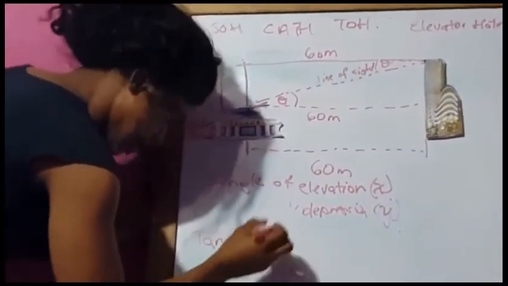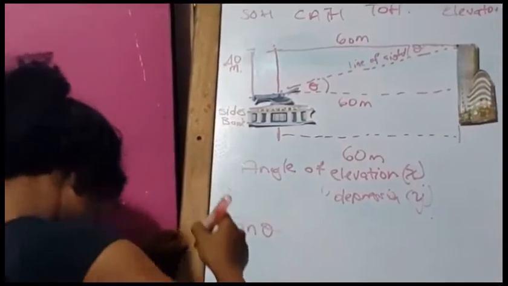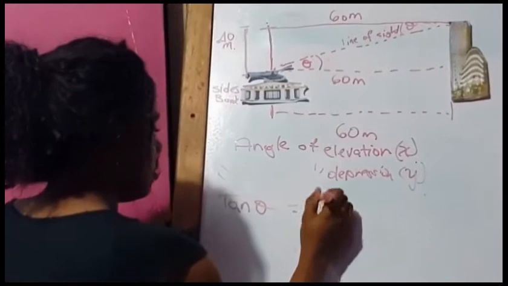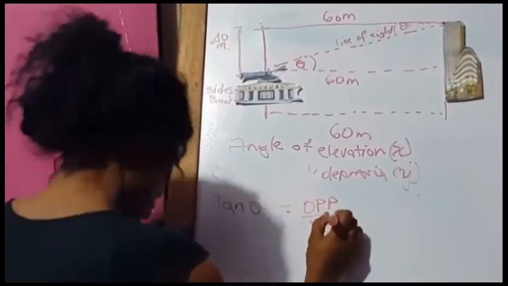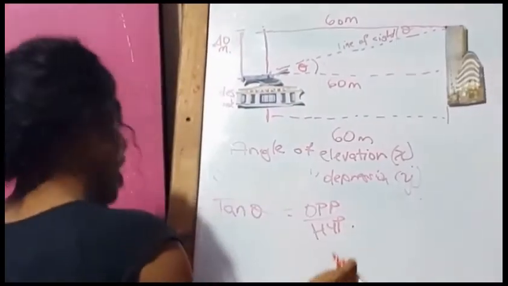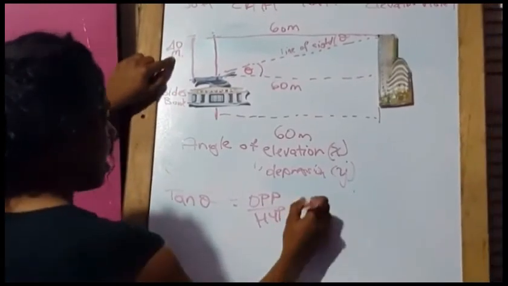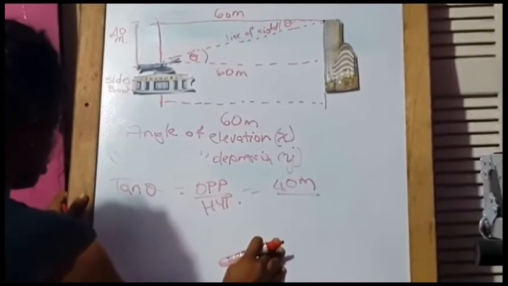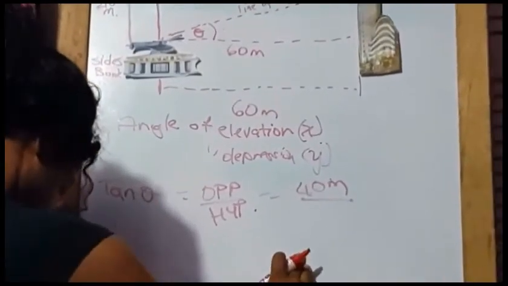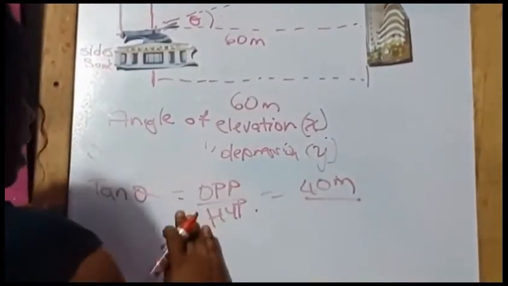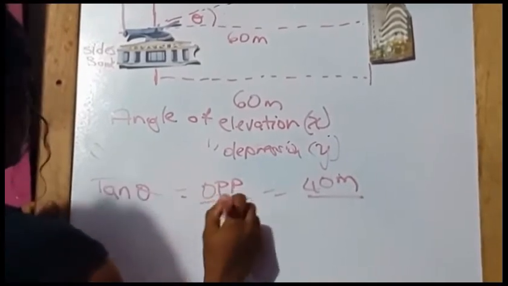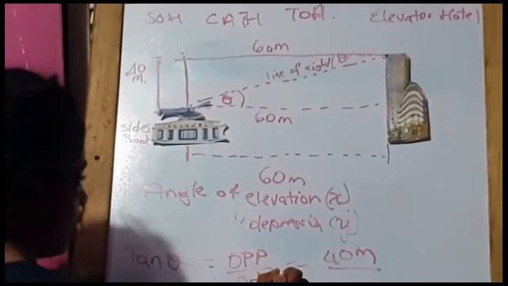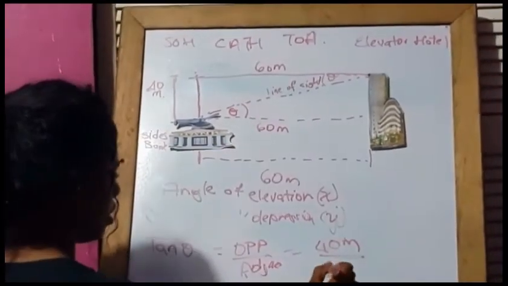So tan theta equals what? Opposite over hypotenuse. Right? And the opposite side, as you can see, is 40 meters. Over the hypotenuse is, no, over the adjacent, my bad. Adjacent, yes, which is 60 meters.